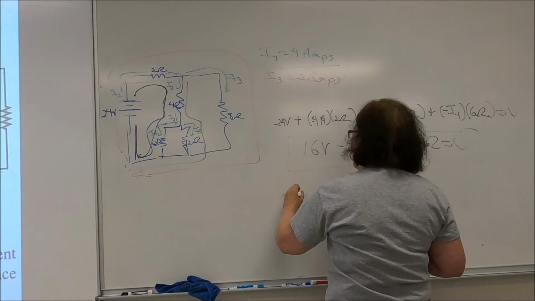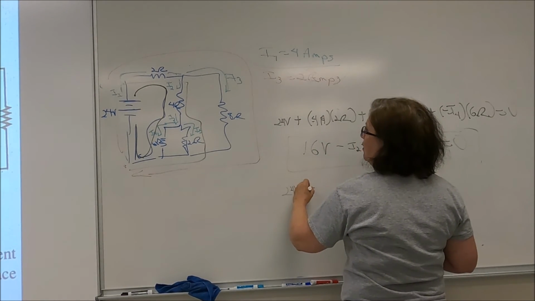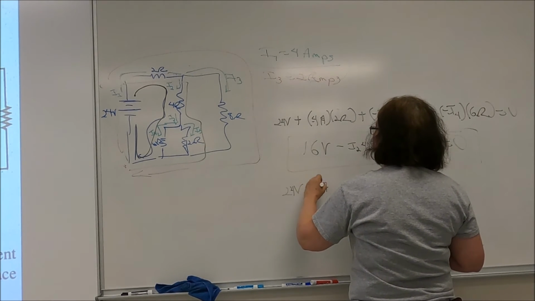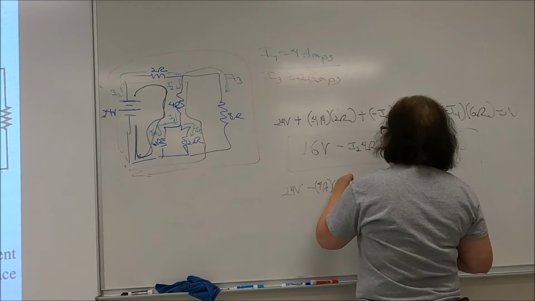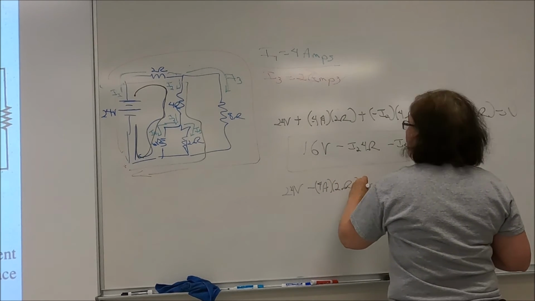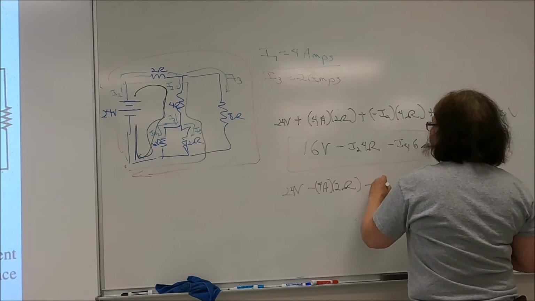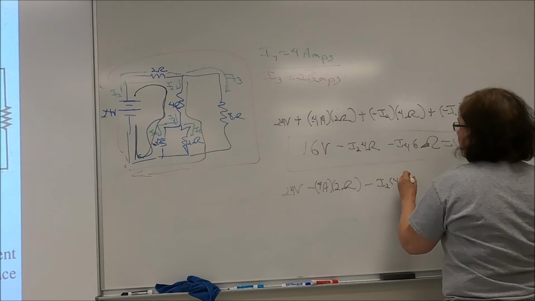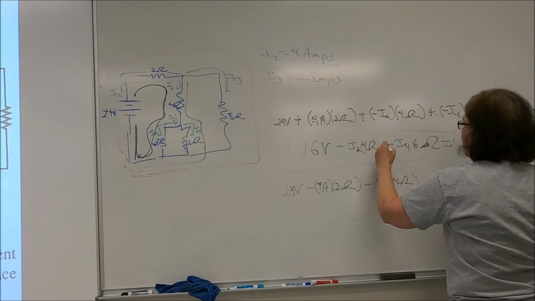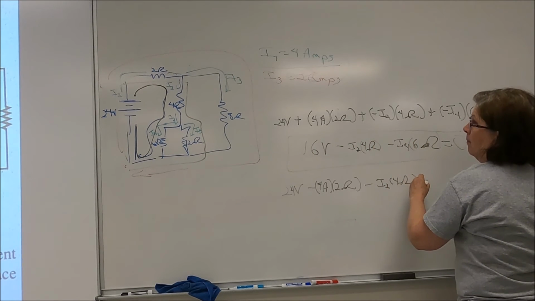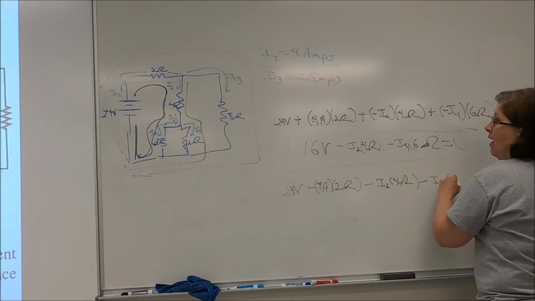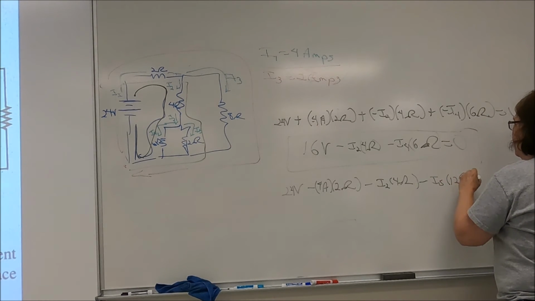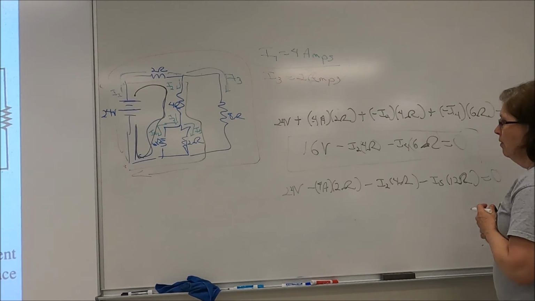So I get 24 volts minus 4 amps times 2 ohms minus I2 times 4 ohms minus I5 times 12 ohms has to be 0.